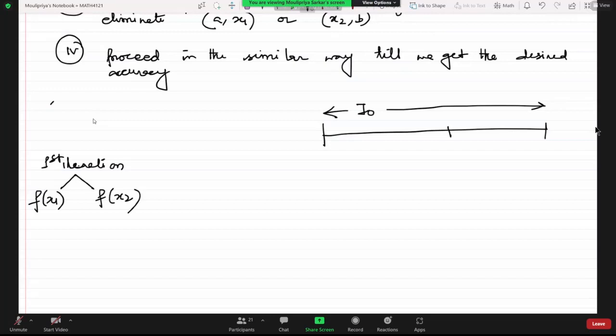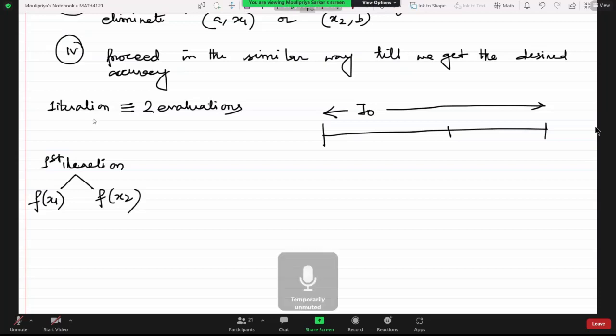So can I say that one iteration is equivalent to two evaluations? Can I say this? Yes, ma'am.